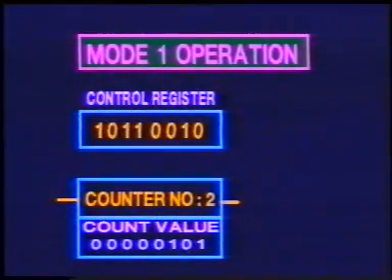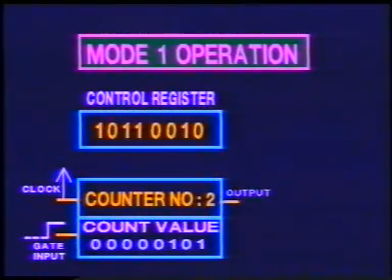The control word and the count value are loaded into the device registers. This mode needs a trigger signal given at the gate input, and the counter starts counting. At the next falling edge of clock, the output goes low.